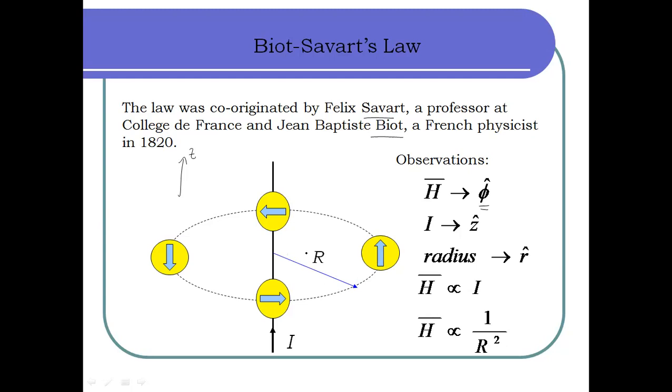As the compasses are located further away from the line current, the H field magnitude is reduced. As we increase r, the H field is reduced. That is why the H field is inversely proportional to the distance squared, or r squared.